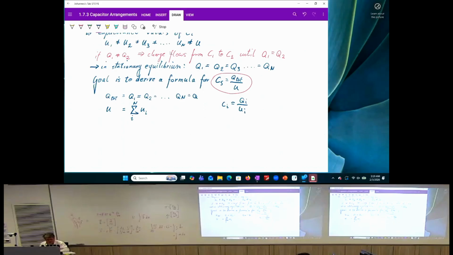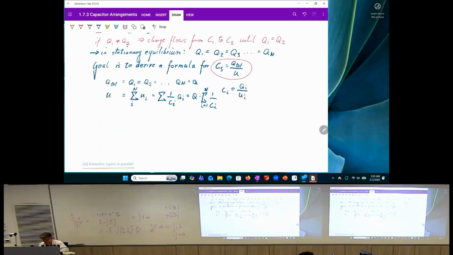U sub I is basically then the summation of 1 over C sub I times Q sub I. But the Q is the same always for all of the capacitors in this serial configuration. So you can pull it out, and this is equivalent to Q sub I to Q. So we have our formula here for the equivalent capacitance.